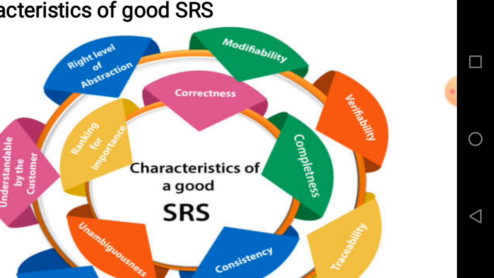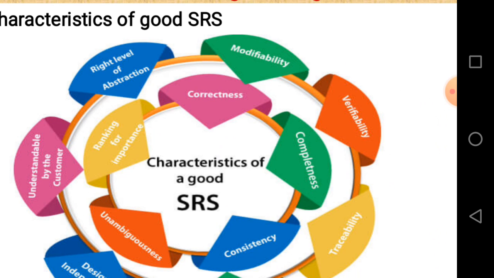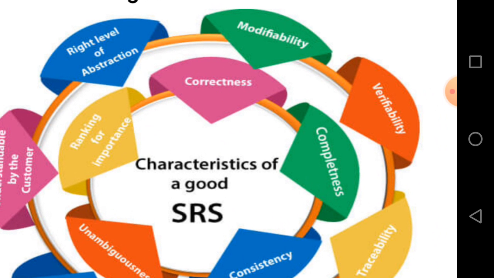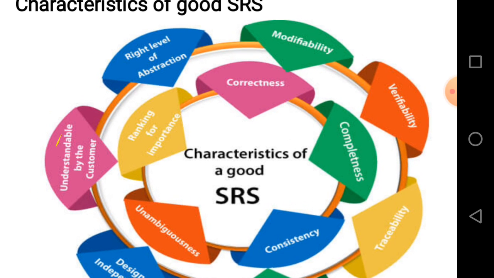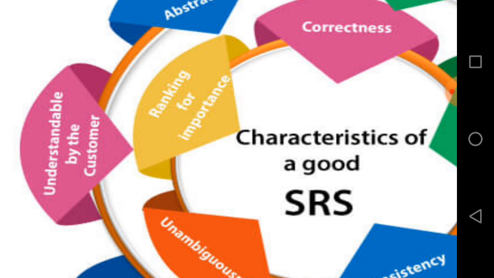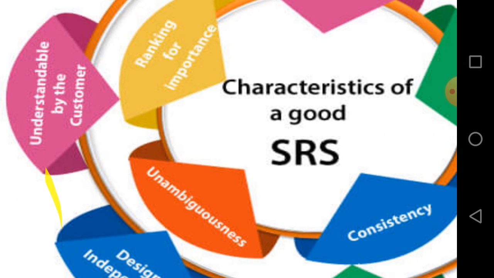Verifiability means that when the SRS report is prepared, the customer verifies that it is according to his needs. Some other points are correctness, completeness, high level of abstraction, and being understandable by the customer, which is obviously basic.